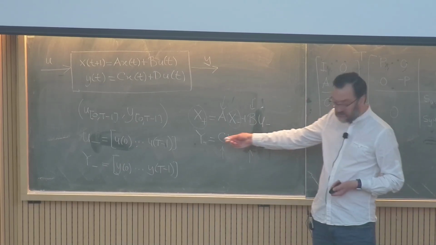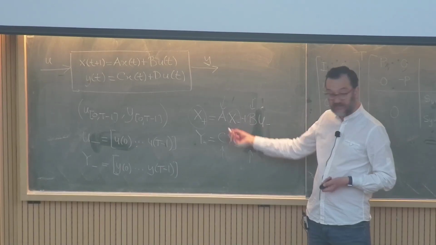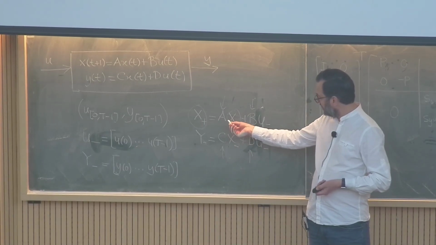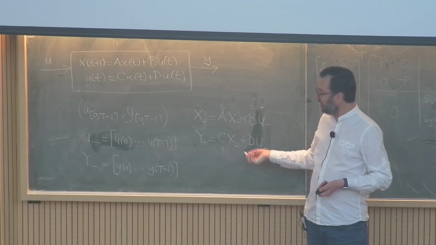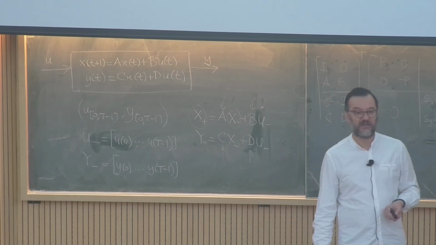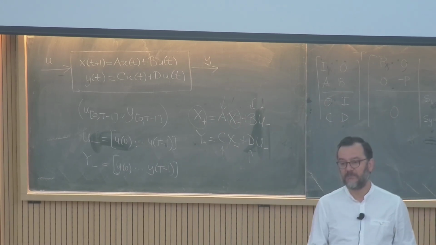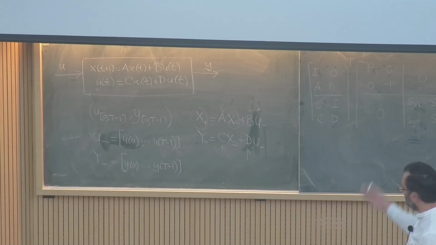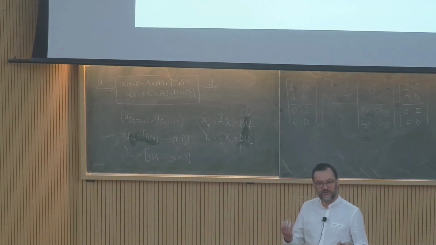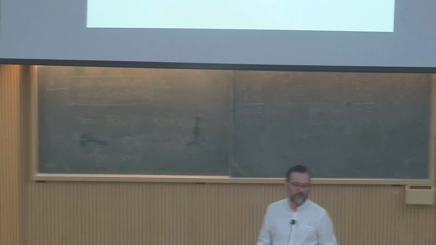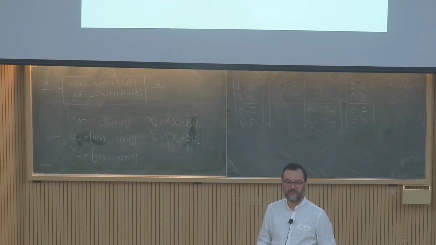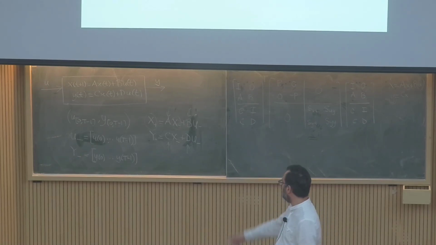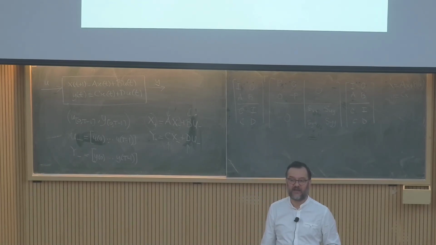Given U minus, Y minus, you cannot easily find even one quadruple of A, B, C, D, and some X satisfying this. It's not possible. Even if you think about this set, it's not going to be convex. It's not going to be even connected, I don't know. You have only very, very limited knowledge about the set of all A, B, C, D that can generate the given data.